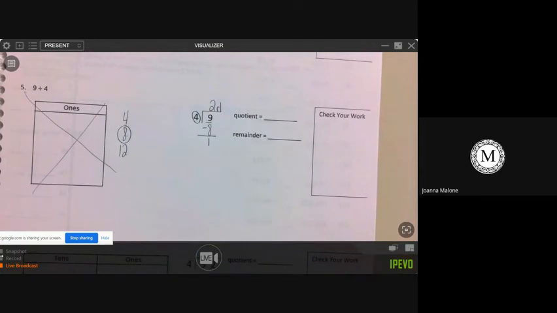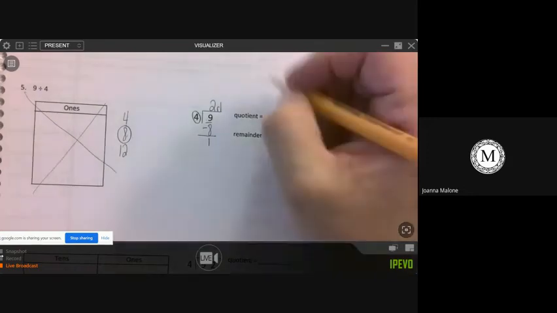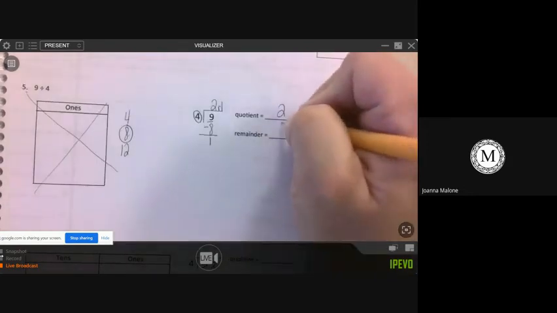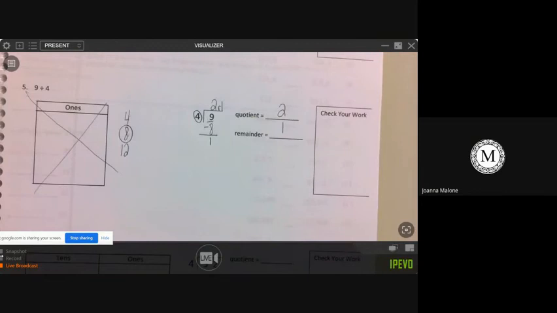You have to write your remainder up top. Quotient is 2. Remainder is 1. Good. How do I check it? Eli, how do I check it? 2 times 4.